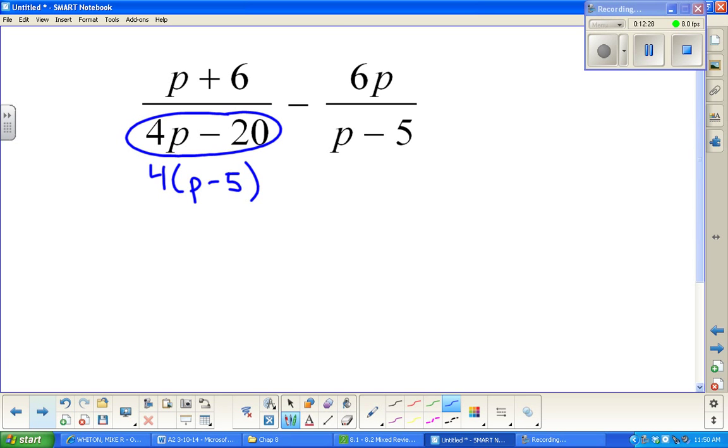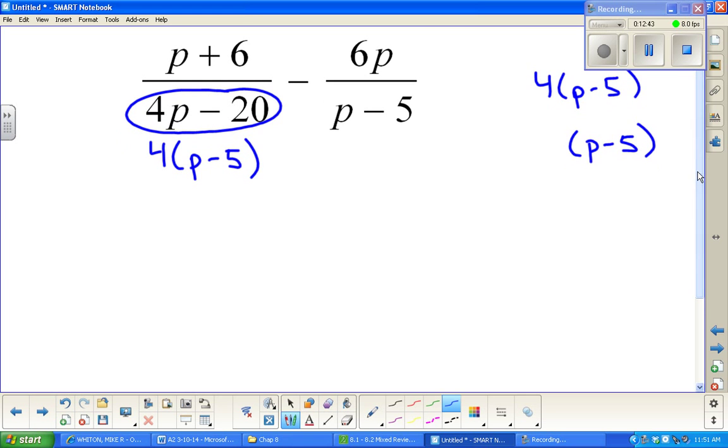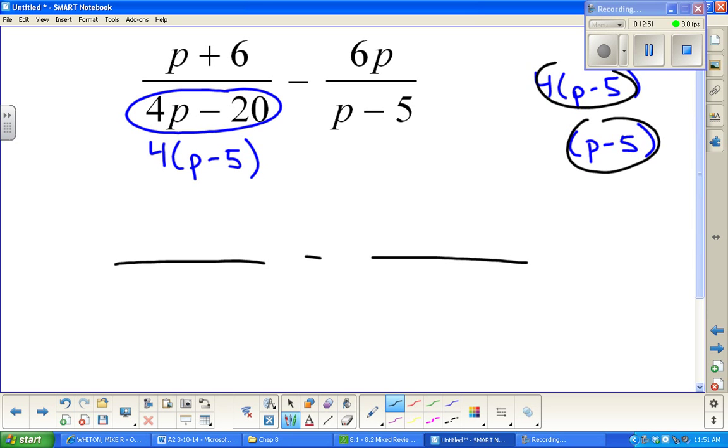So now my two denominators that I'm worried about are 4 times p minus 5, and the other denominator is just p minus 5. So the least common multiple of those two things will be our common denominator. So I'm going to rewrite the problem. I need to get a p minus 5, and I need to get a 4 times p minus 5.